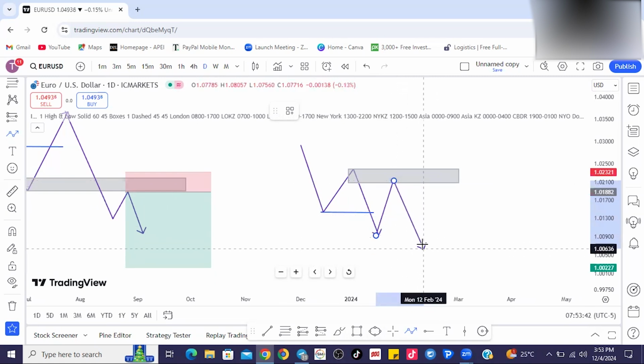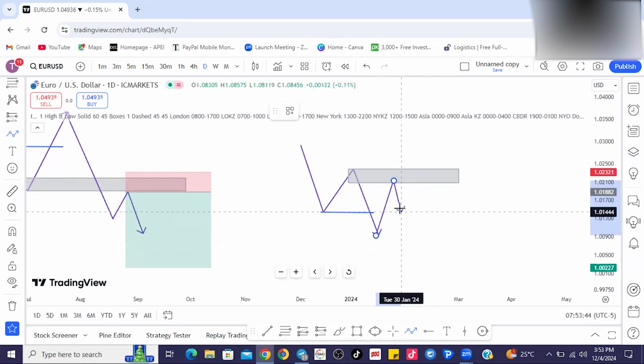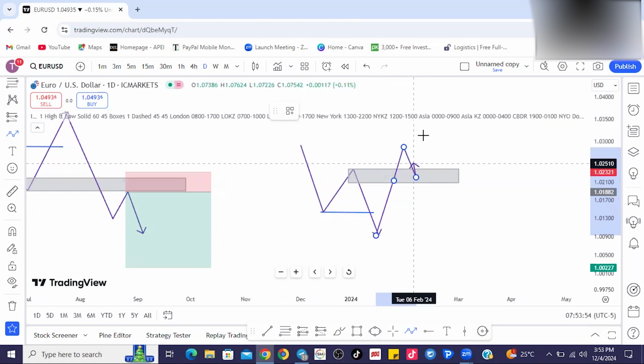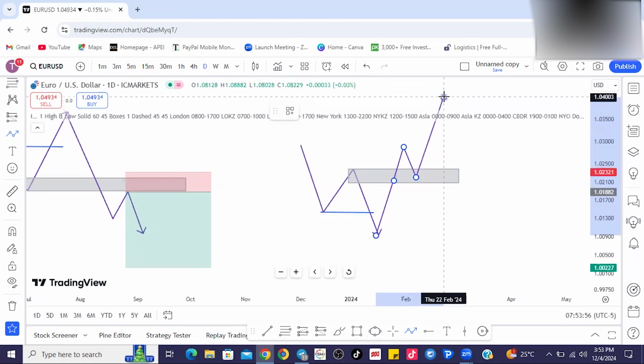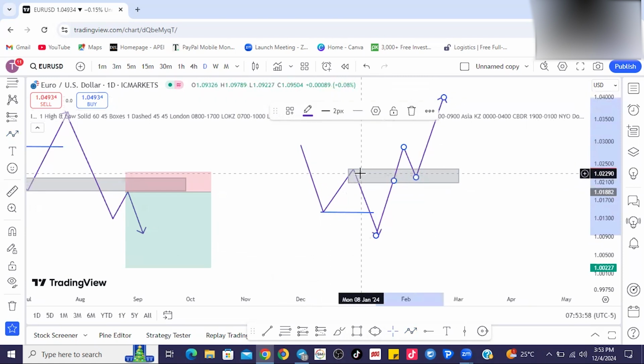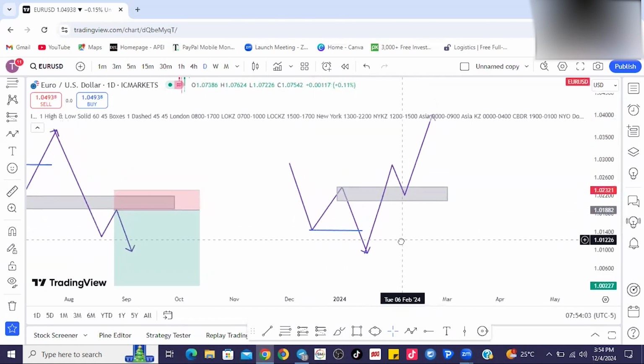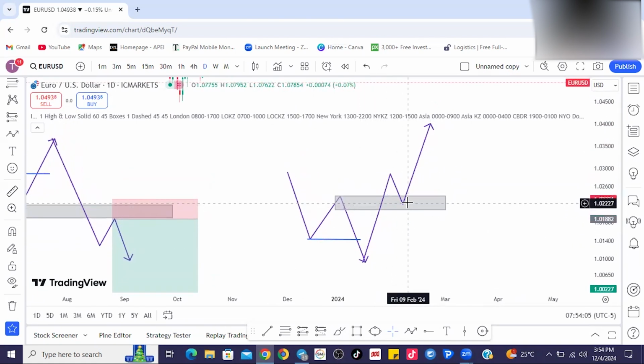But in case the price does not sell and breaks above this bearish order block, then we want to see the price retrace back to the same level and then continue going higher. So this bearish order block, once it fails, becomes a bullish breaker block, and this is how we will have our entry.